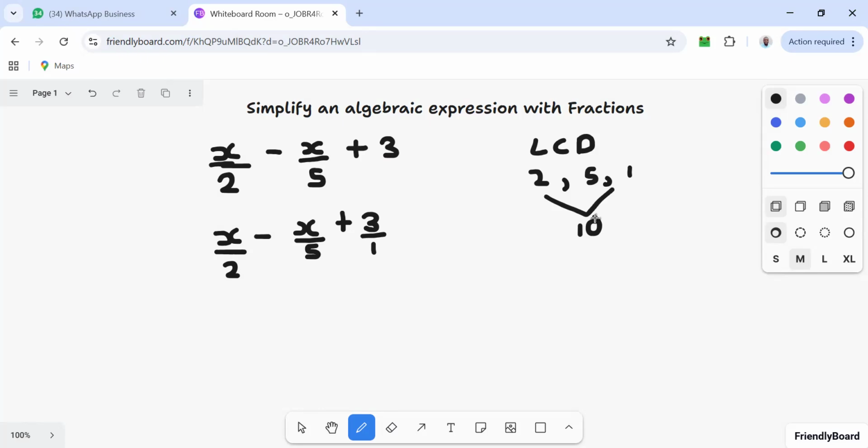So here I will just multiply by 5 and 5.